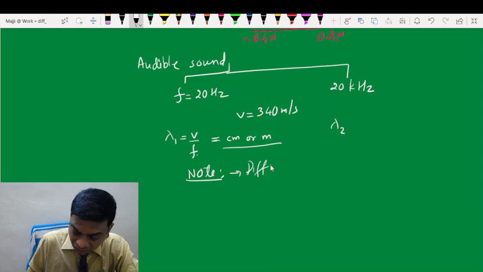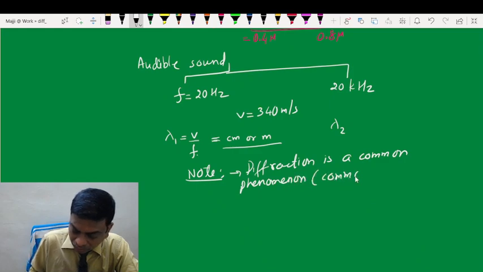Diffraction is a common phenomenon common to all types of waves, regardless of its nature.